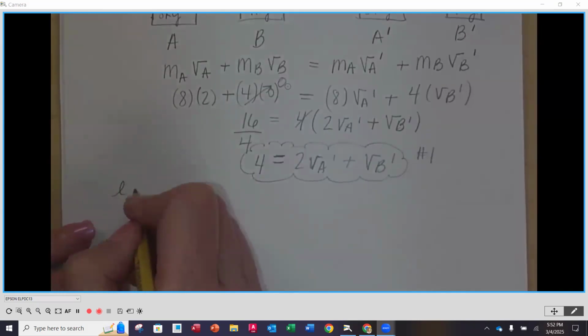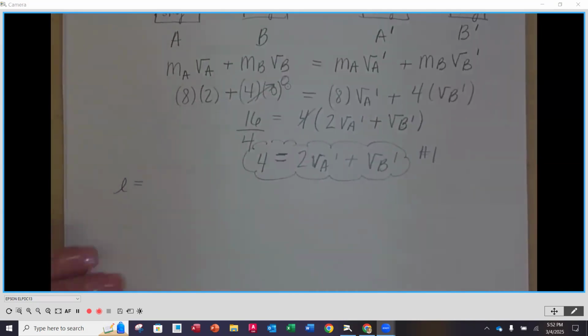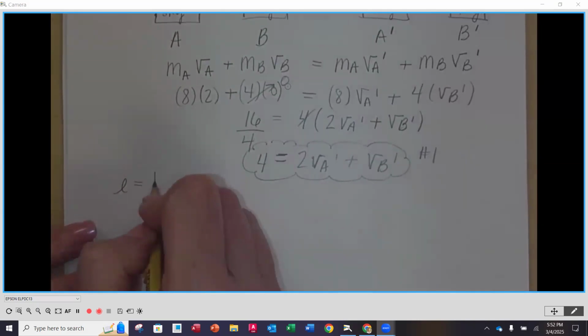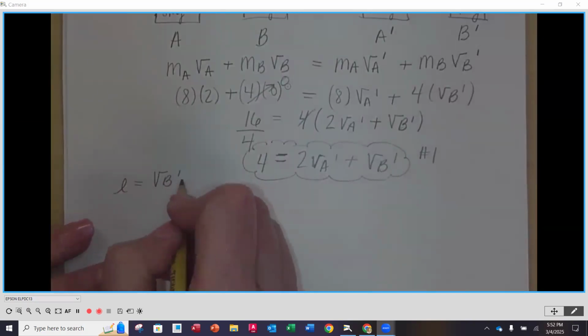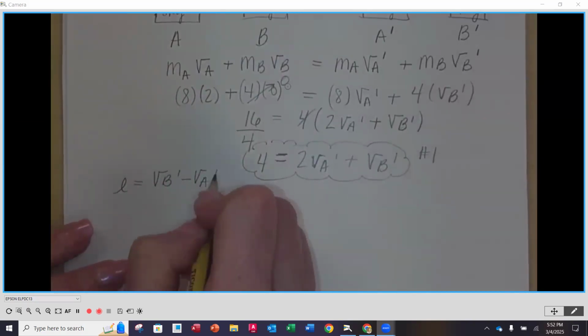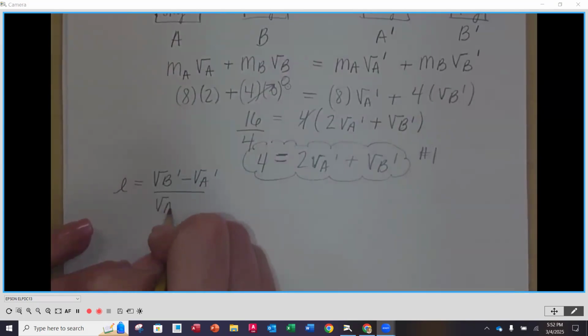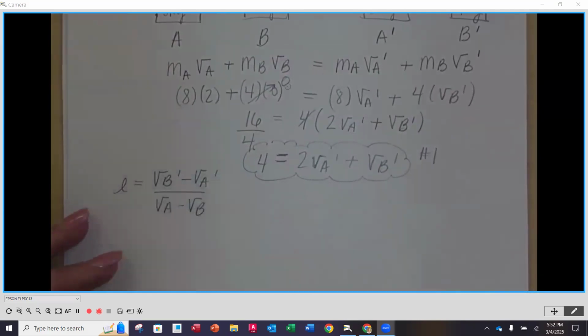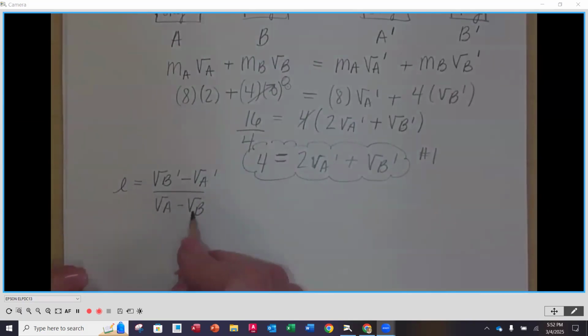We know that the coefficient of restitution, which is this lowercase e, is equal to VB prime minus VA prime divided by VA minus VB, okay? We can also rearrange it.